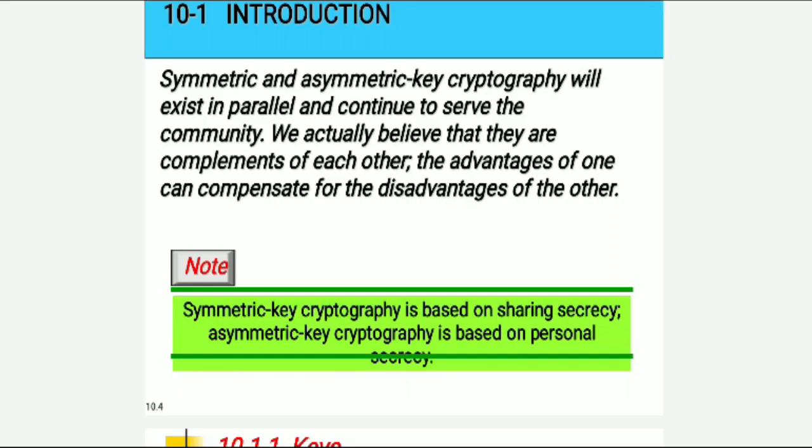In symmetric key cryptography, for the secure communication, we have to first send the secret key to the receiver, and after that we send the message to the receiver. But in asymmetric key cryptography, there is no need to send the secret key. Actually, everyone has his own private key, and using that only they decrypt the message.